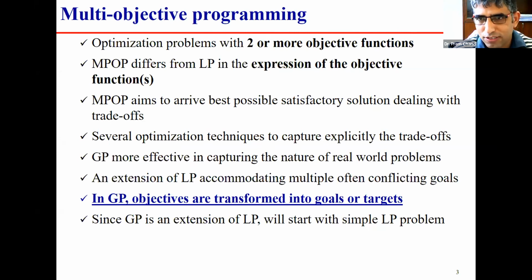We try to get the best possible satisfactory solution that depends on what we want. So we convert our objective functions into goals and then solve it as an LP problem. So it is an extension of the LP problem. First we'll formulate an LP problem and then we'll transform it into a goal programming problem so that you get a better idea.